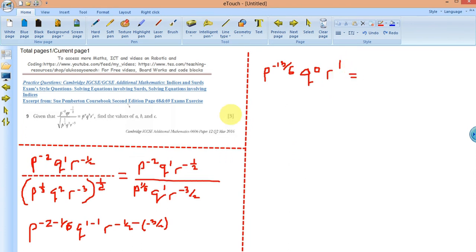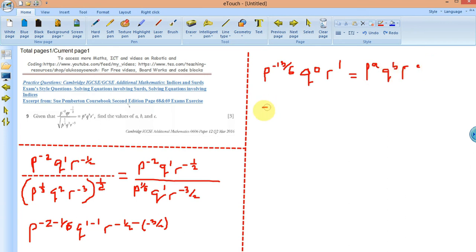Then equals to the right hand side. What do we have on the right hand side? P raised to the power of a, then q raised to the power of b, and we have r raised to the power of c. Sorry about my handwriting. So you can compare a, b, c.